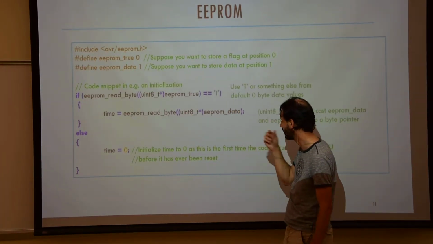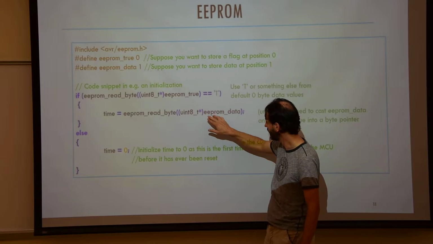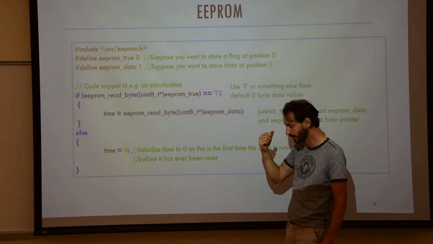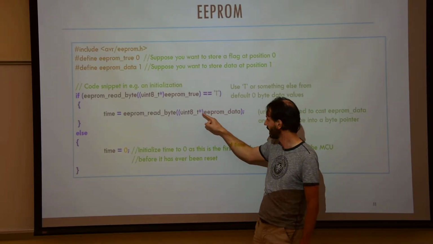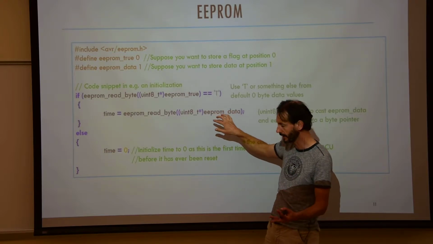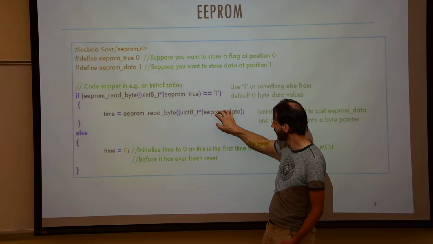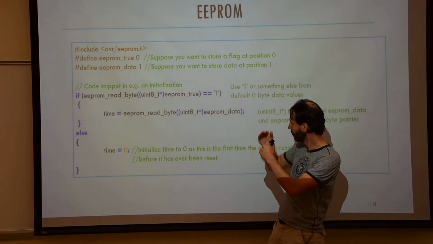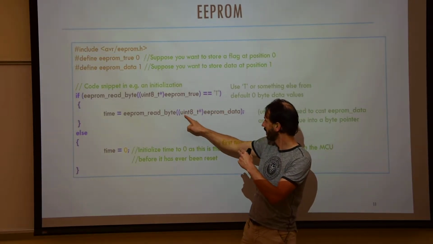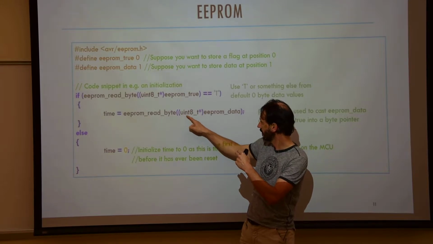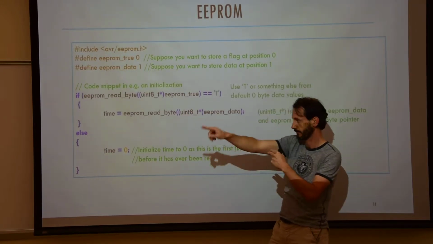That's what this means, right? So you want to explain to the compiler that the variable that you have is a pointer. That's what that star means. That points at an 8-bit integer value.